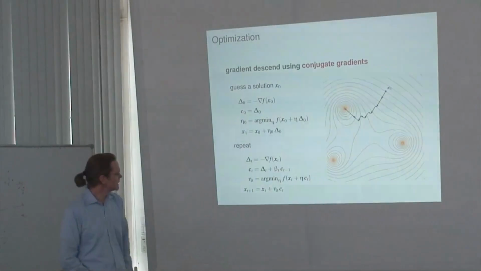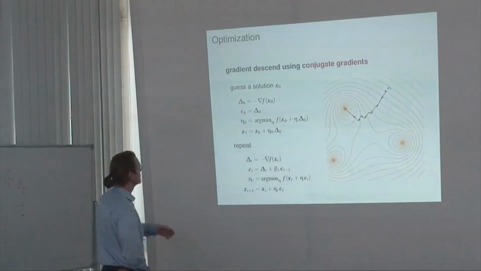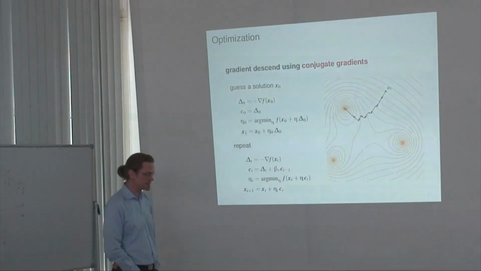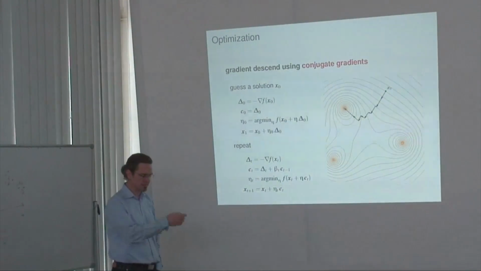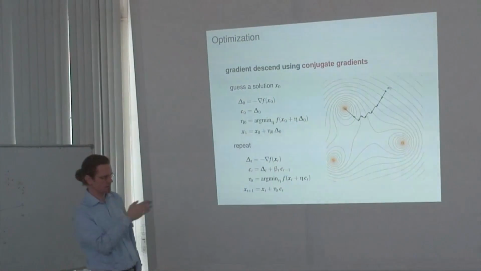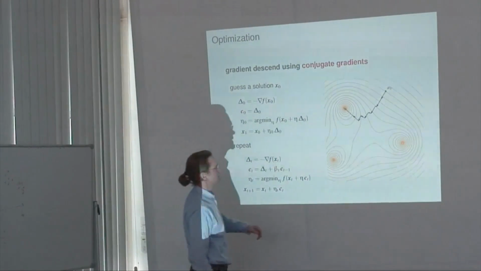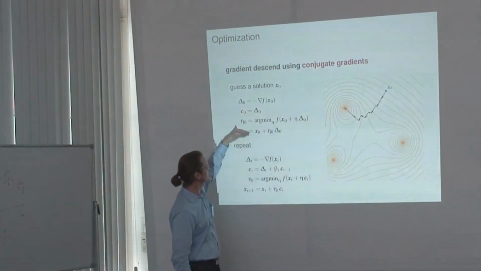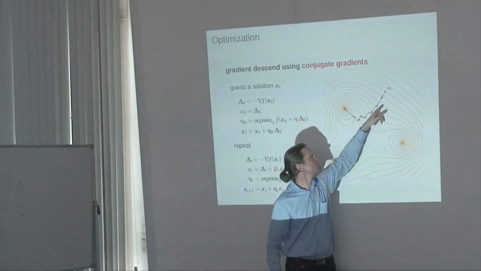And again, we do some line search, like how far are we supposed to step into that direction. The effect of this conjugate trick is basically that we will go in a more or less alternating manner. So this was actually up until here, right? First step, nothing special happens.